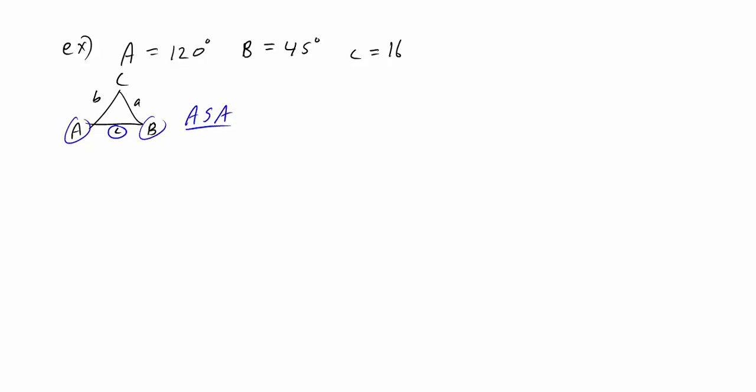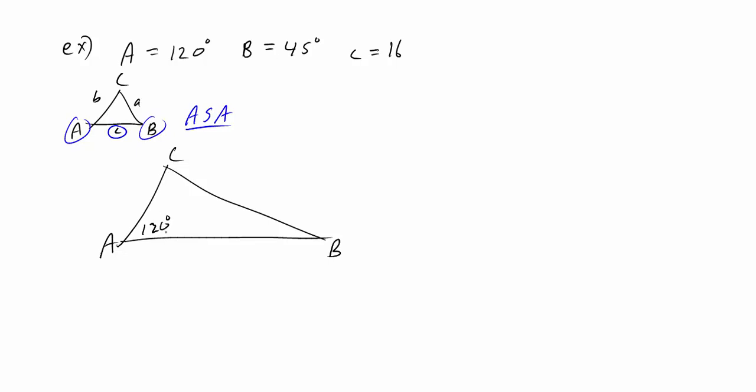To solve this, we have the two angles on one side. We want to find the other two sides and the missing angle. I always recommend drawing a sketch of what's represented. It doesn't have to be to scale, and a lot of times when you see these triangles drawn, they're not necessarily drawn to scale. So here we have A, B, and C. We know that angle A is 120 degrees.